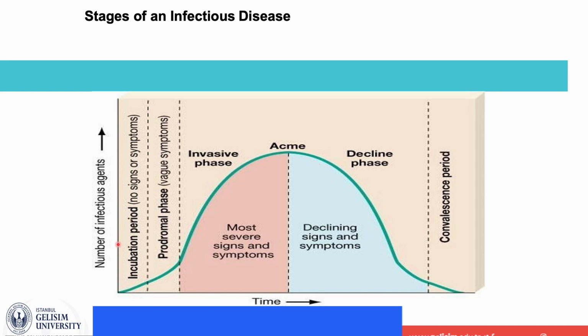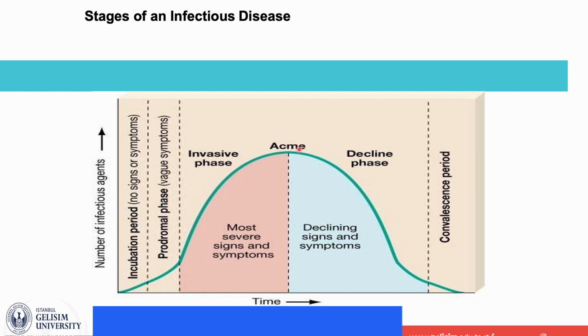So again, this is going over stages of infectious disease. First there's the incubation period. In the incubation period, you don't see any signs or symptoms. And then there's the prodromal phase, where you may have some vague symptoms. Then there's the invasive period, where the severity and intensity of the symptoms are at their peak.